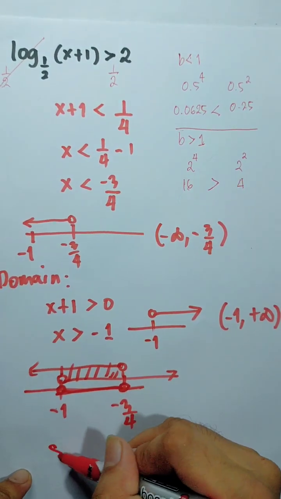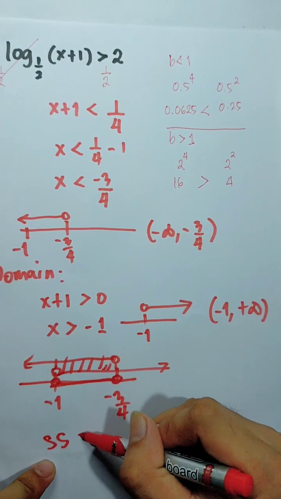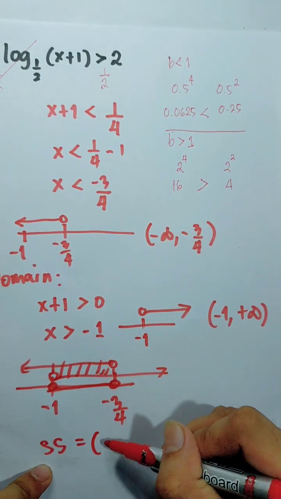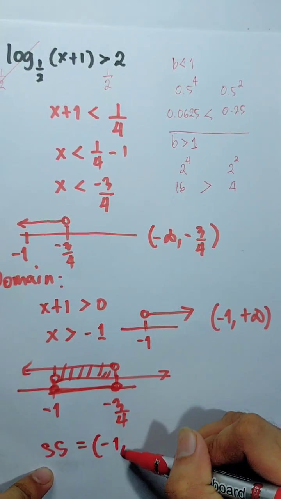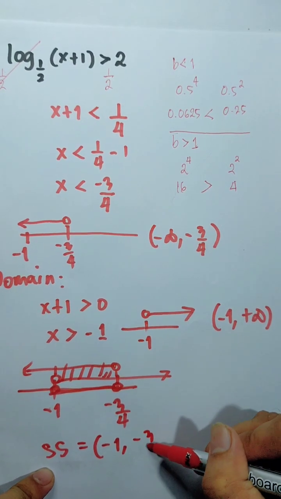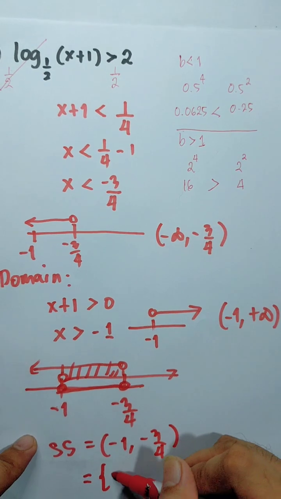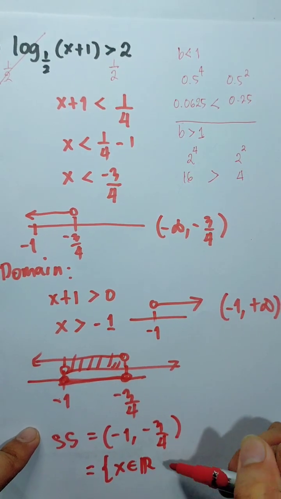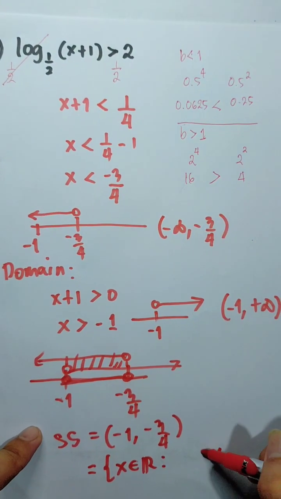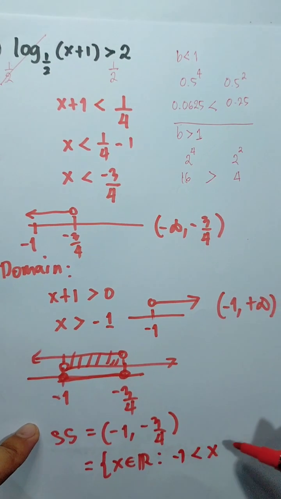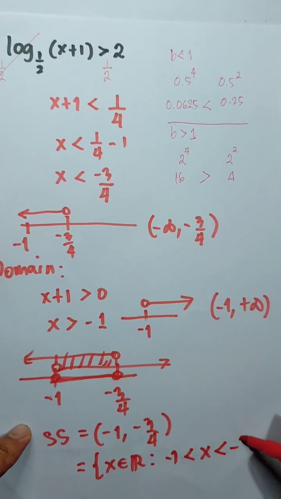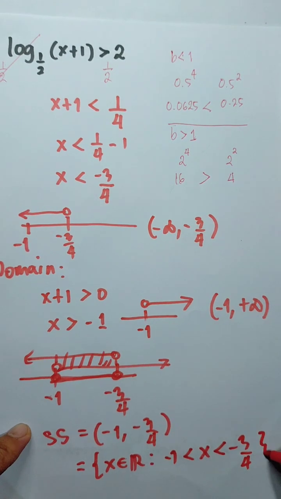So therefore the solution set is the interval from -1 to -3/4. You can also write this in set notation, the set of x elements of real numbers, such that x is greater than -1 and less than -3/4.